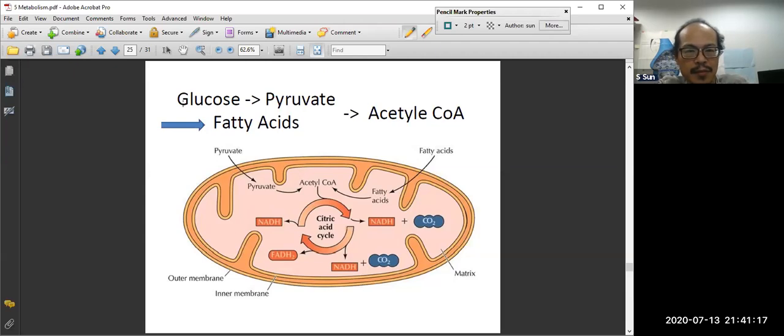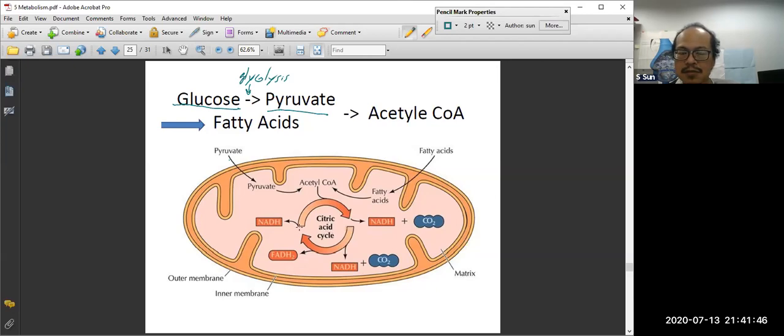So let's make it simple. Glucose forms pyruvate. This process is glycolysis. Pyruvate enters the mitochondria to form acetyl-CoA. It's right here.